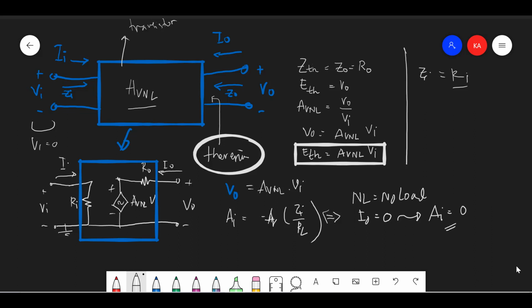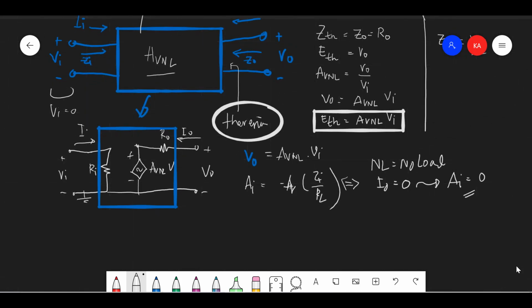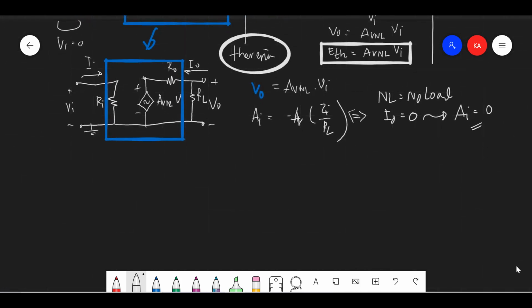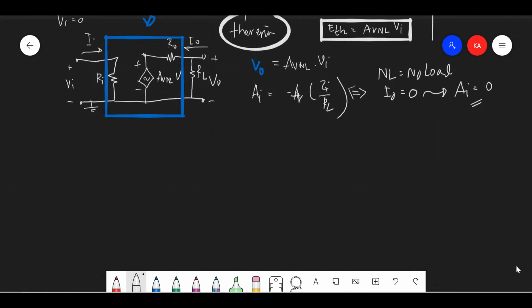So if we connect this output terminal with the load here, RL is the load. Before, if no load, VO is equal to AVNL·VI. But if we connect the load here, it becomes a voltage divider, because if we want to calculate VO, VO is parallel to RL, so VO is equal to VRL.